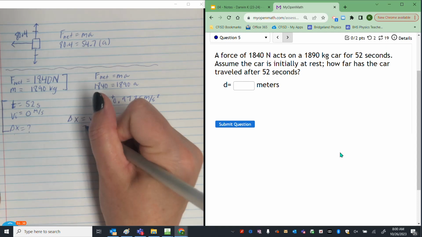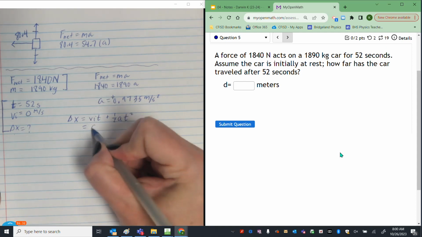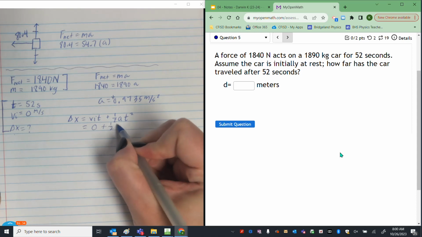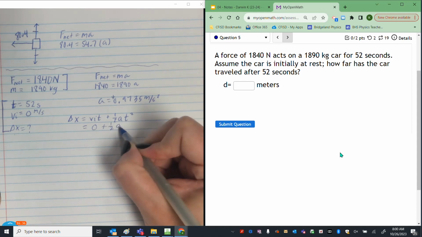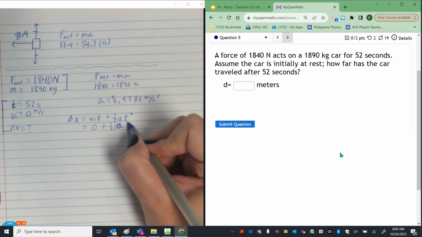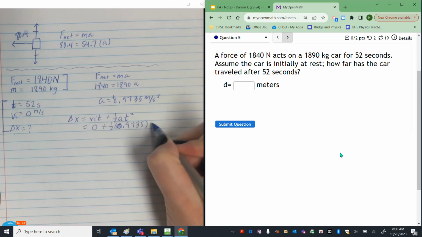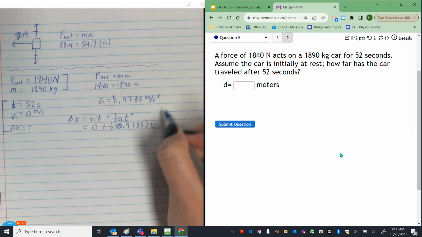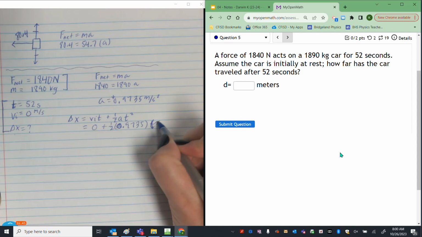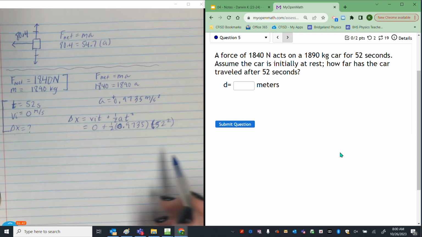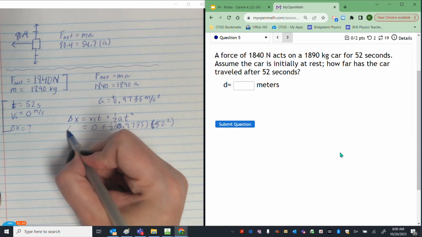Okay, so VI is 0, so VIT is going to be 0 plus 1/2 A, sorry, not A, I have a number for that, 0.9735 times T, I have T as well, don't I, times 52 squared. And that's going to equal delta X, which is what I'm trying to find.